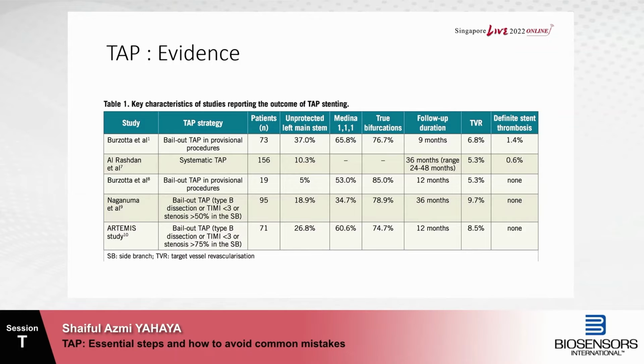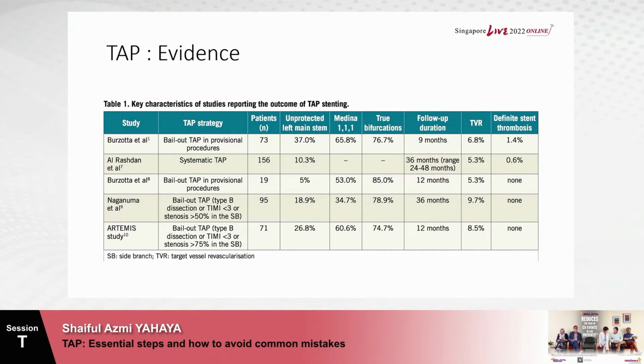If you look into the first study by Buzzetti, it looked at 73 patients with 37% unprotected left main, whereby 66% were Medina 111, with follow-up for 9 months and a result of 6.8% target vessel revascularization and 1.4% definite stent thrombosis.